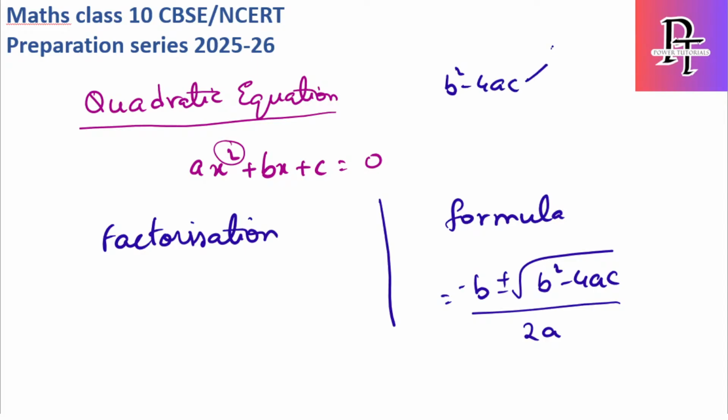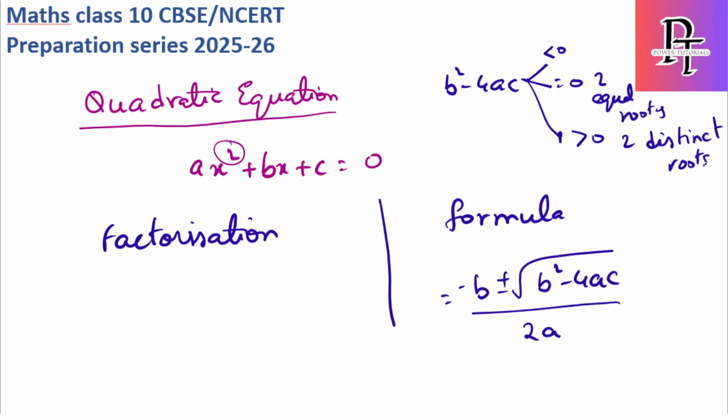If b square minus 4ac is equal to 0, two equal roots. If it is greater than 0, then two distinct roots. And if it is less than 0, no real roots. It can be imaginary, but in 10th standard we don't think about imaginary numbers, so just say it is no real roots.